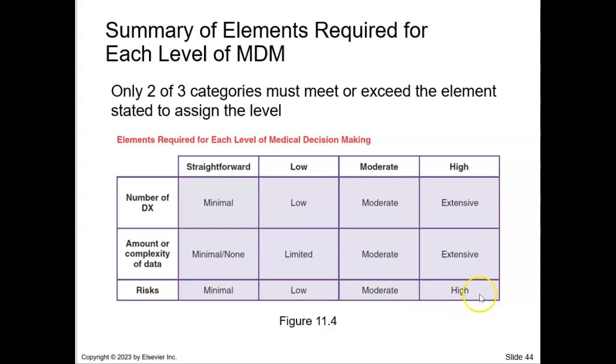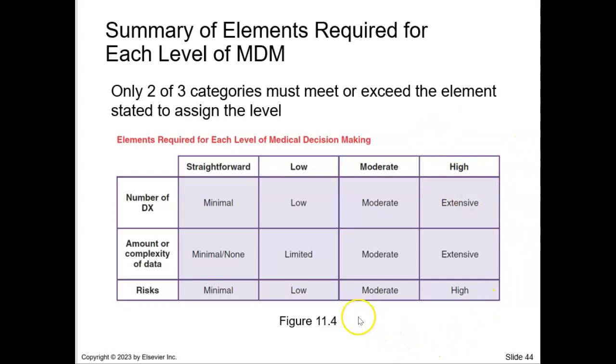Okay, so with that, you only need 2 out of 3 categories that must meet or exceed the element. So if I have a high number of diagnoses, moderate level of complexity, and my risk is high, 2 out of 3 were met, so I can go with a high medical decision making.